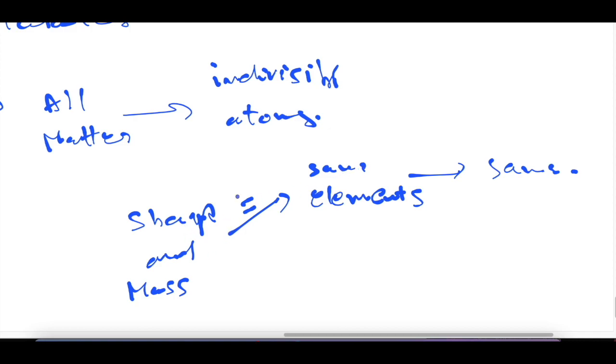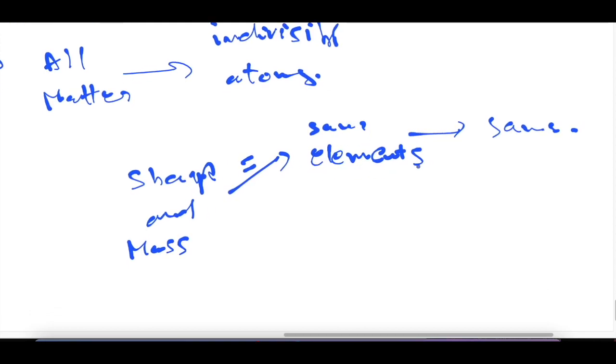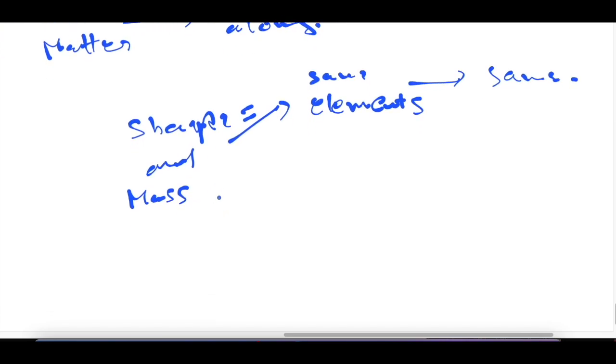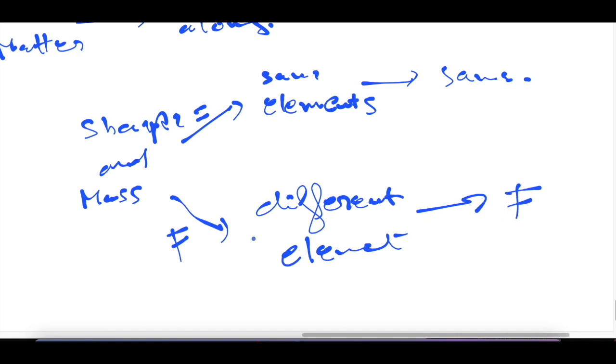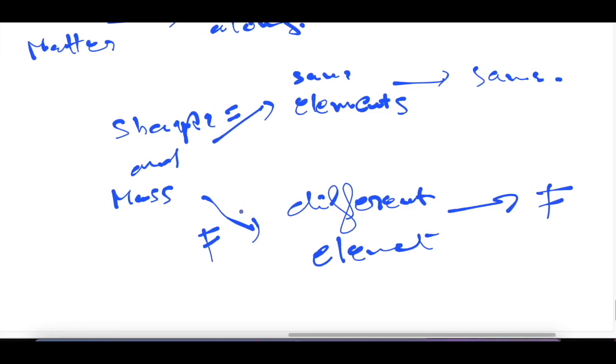So the atoms that come from the same elements have the same shape and the same mass. And if they come from different elements, they will have different shape and different properties.